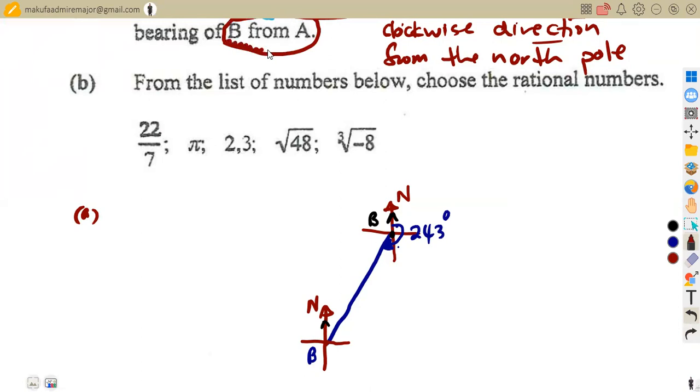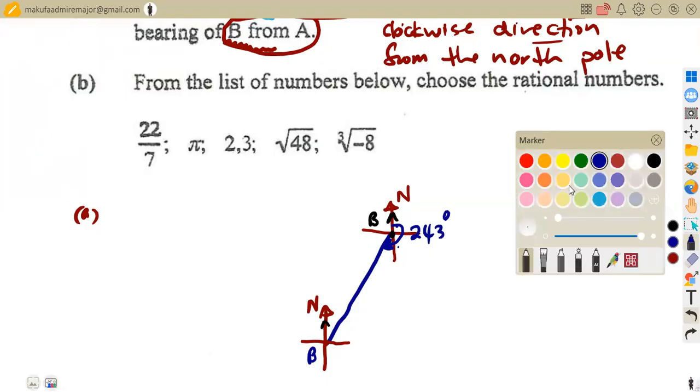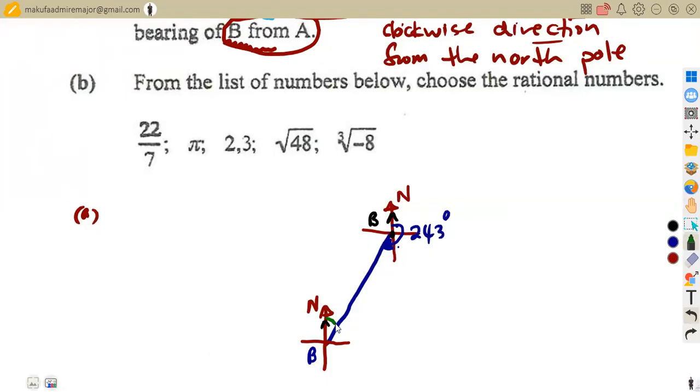The question now needs us to find B from A, that is a 3-figure bearing, which, like I said, is taken always clockwise from the north pole. So from the north in a clockwise direction, this is the angle that we are supposed to cover. So we need to find this angle.